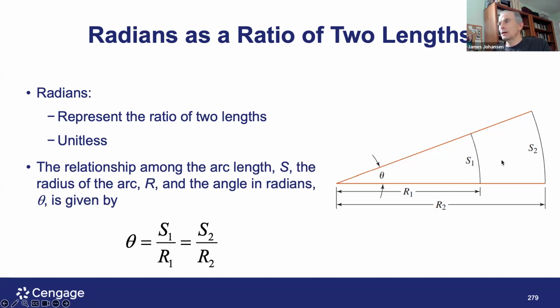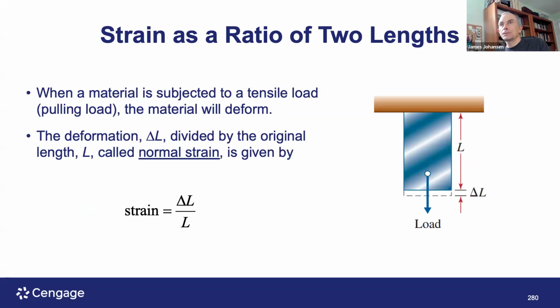The angle between them would be the same. S1 is going to be smaller than S2, and R1 is going to be smaller than R2. And so thus we can get some kind of relationships between different things as we're considering them from that point of view with the ratios and getting some use of radians.